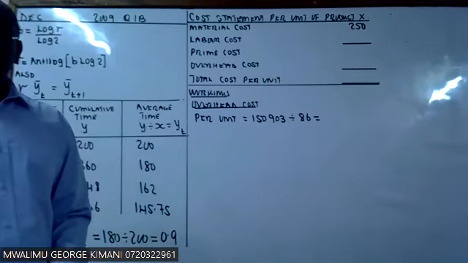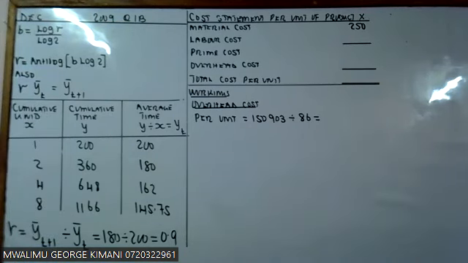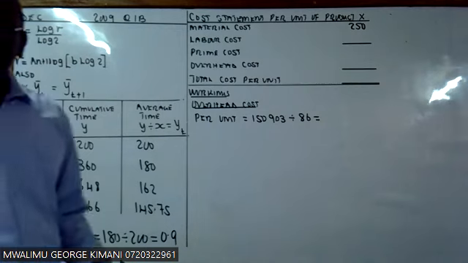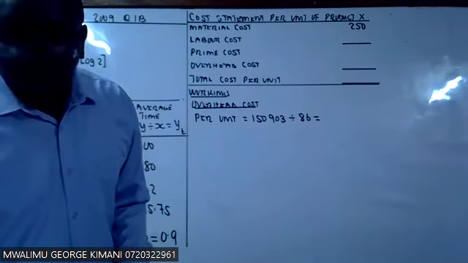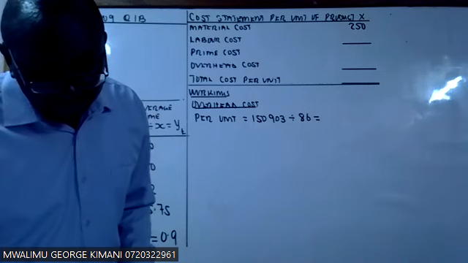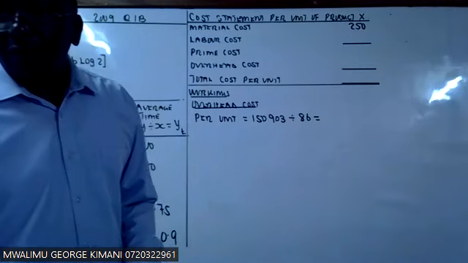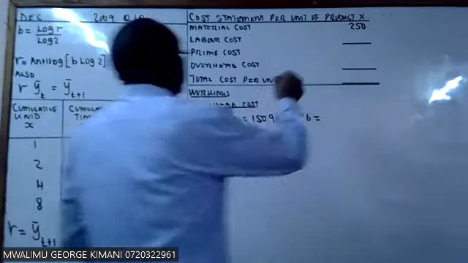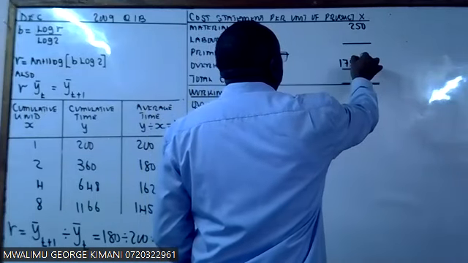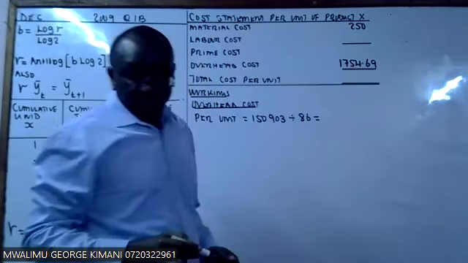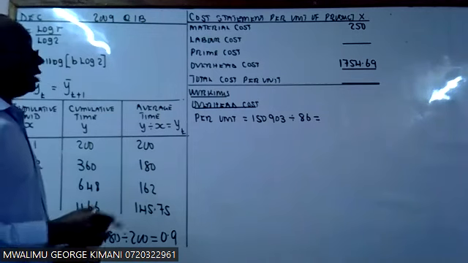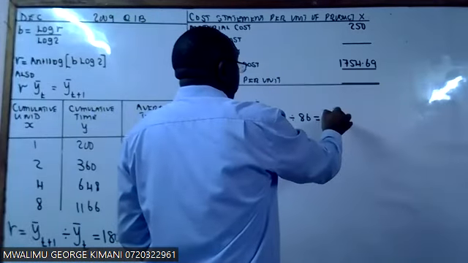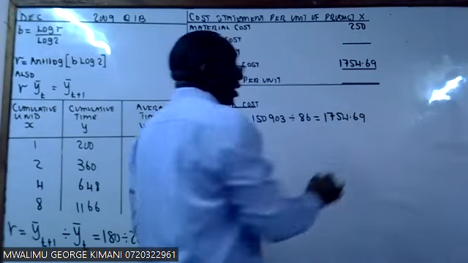Waiting for that cost. 1754.69. Okay. So that one is recorded there. 1754.69.